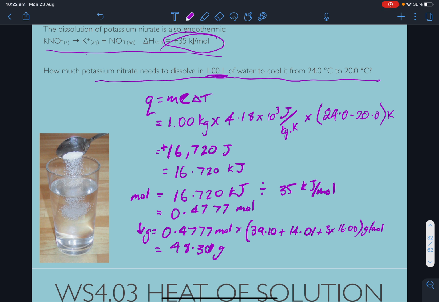I can only put it to 2 significant figures, from my kilojoules per mole and also my delta T of 4.0 K, so that's 48 grams. So I need 48 grams of potassium nitrate dissolved in the 1 litre of water to cool it from 24 degrees down to 20 degrees Celsius.